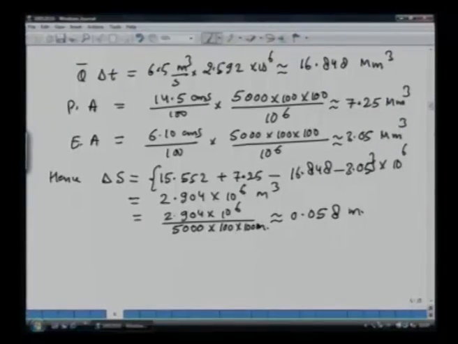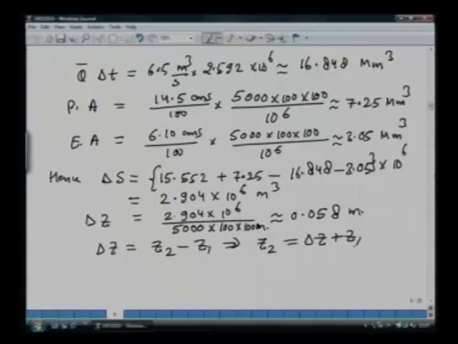So this is the change in storage, or actually I should write this as delta Z, and this delta Z is nothing but Z2 minus Z1. From here you can find that the lake elevation at the end of the month will be equal to delta Z plus Z1.